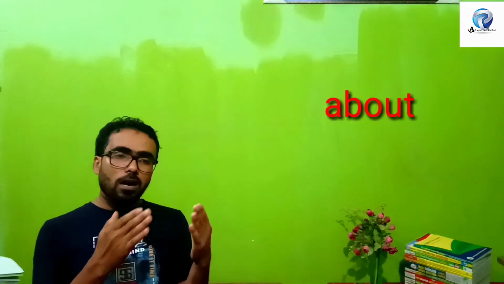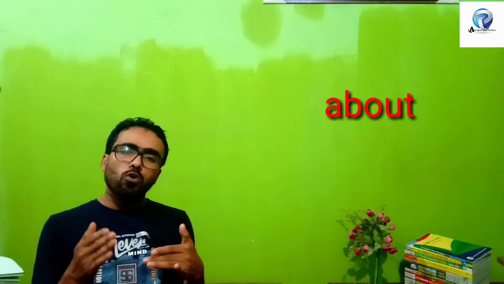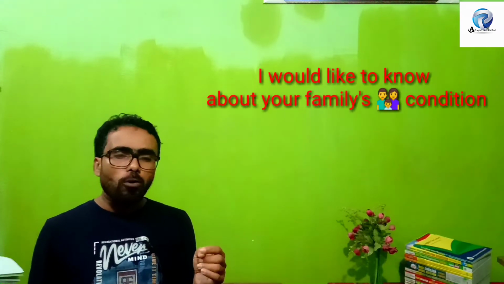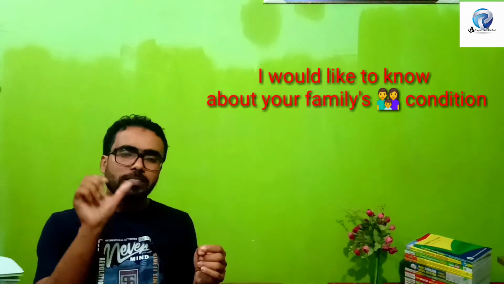The next preposition is about. When and where do we use preposition about? About we can use to express or to say or mention any matter. You have to use about before that thing, that matter. I would like to know about your family's condition.